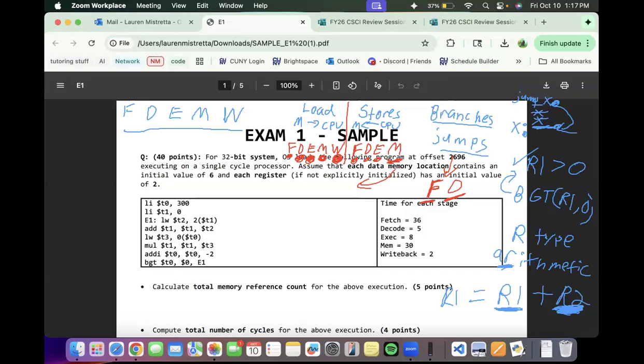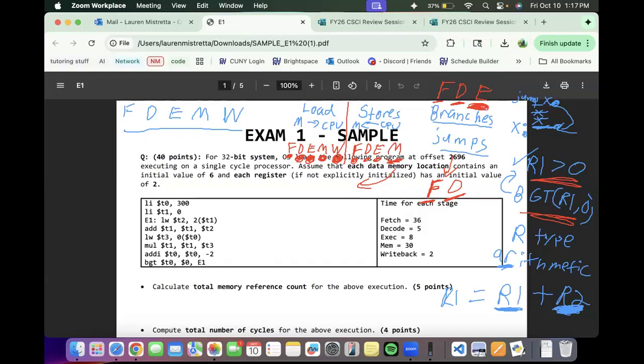Branches are going to be a little bit different because branches are going to actually have that extra arithmetic step, since we have to actually evaluate what this Boolean is saying. So they're going to actually have the exec step. So I fetch the instruction, I decode what's going on. I know it's a branch, so that means I have to do this Boolean in the exec state.